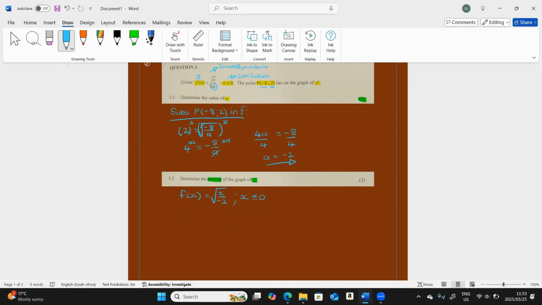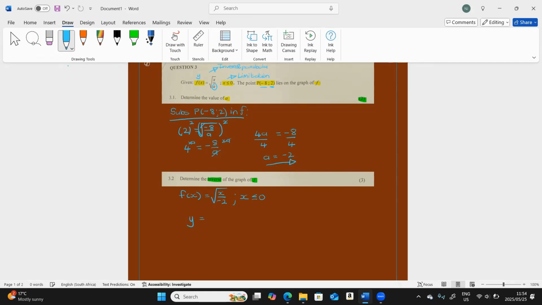So the next step when you get the inverse, after you have written the original function as it is by replacing the value of A with negative 2, is this simple thing. It's taught to you in class also: go and replace the function notation f(x) with y.